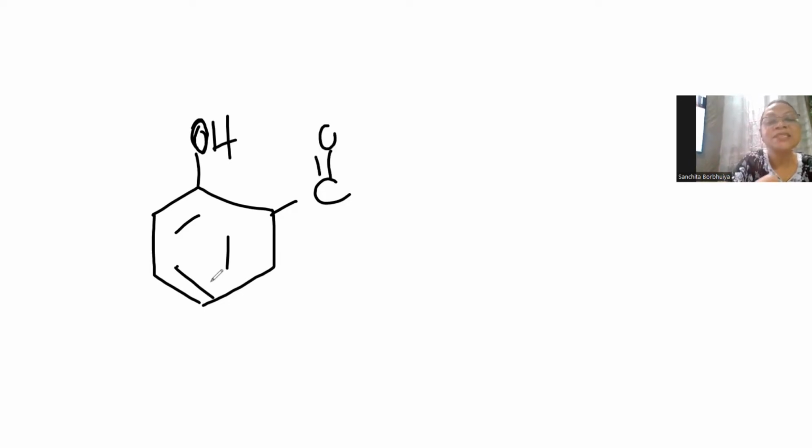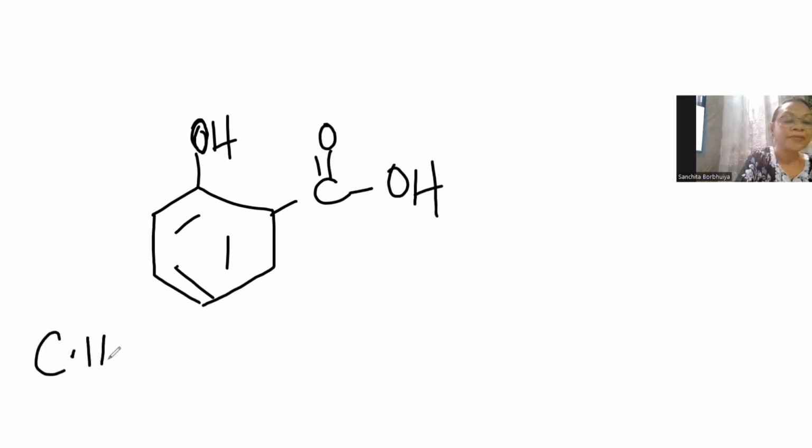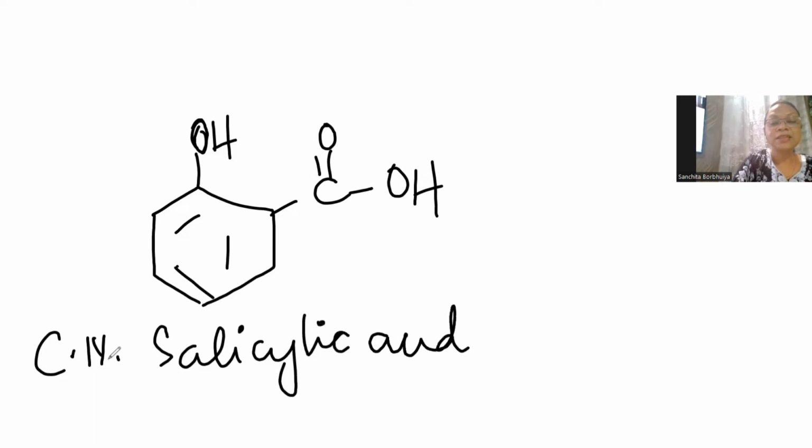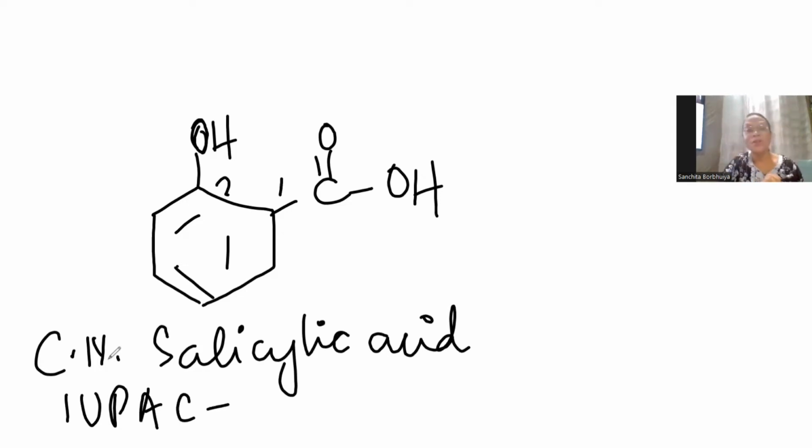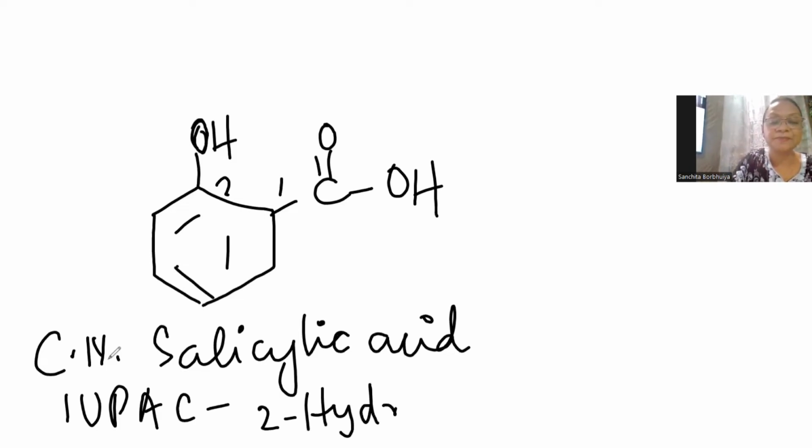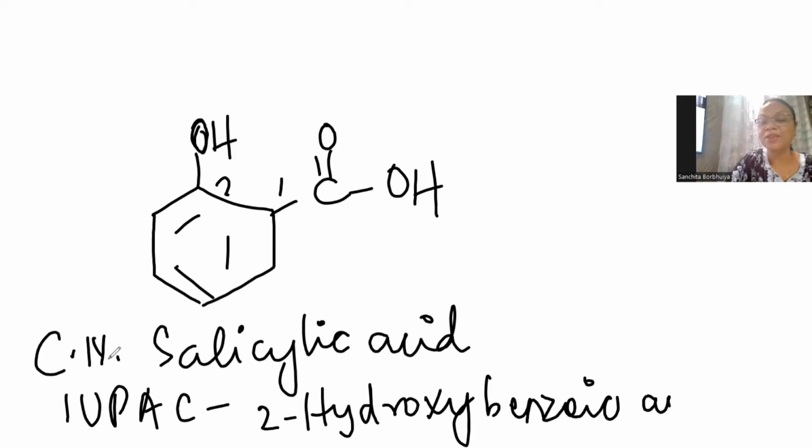So this is a carboxylic acid, and the common name is salicylic acid. This is a precursor for preparing aspirin. So the IUPAC name of this compound is once again 2-hydroxybenzoic acid.